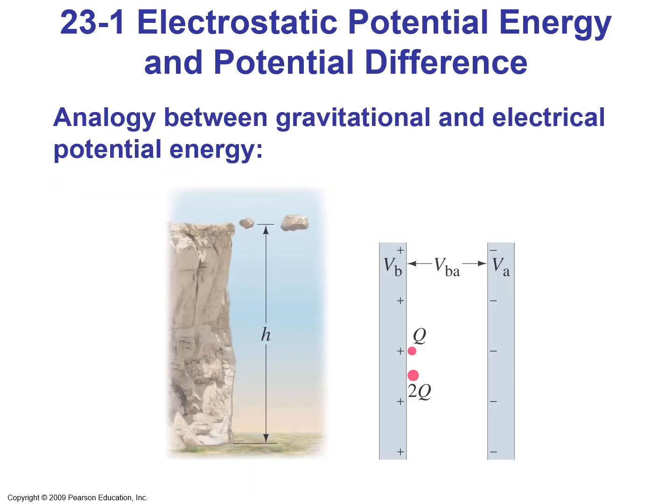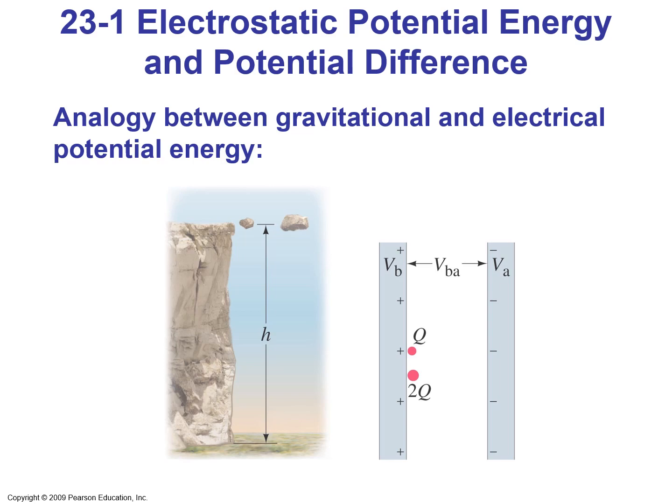There is an analogy between gravitational and electrical potential energy. Here on the left we can see a representation of a stone raised to height h, and it obtains gravitational potential energy U equal to m, the mass of the stone, times g, the gravitational acceleration, times h, the height to which the stone has been raised.